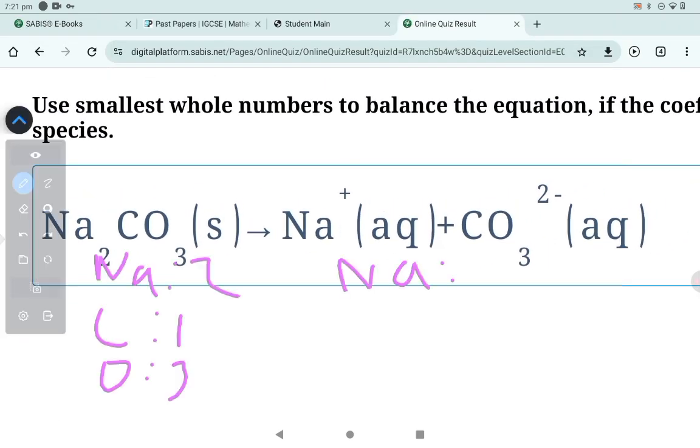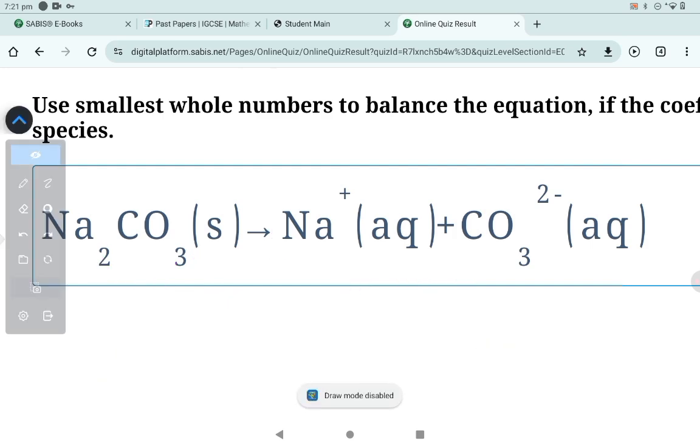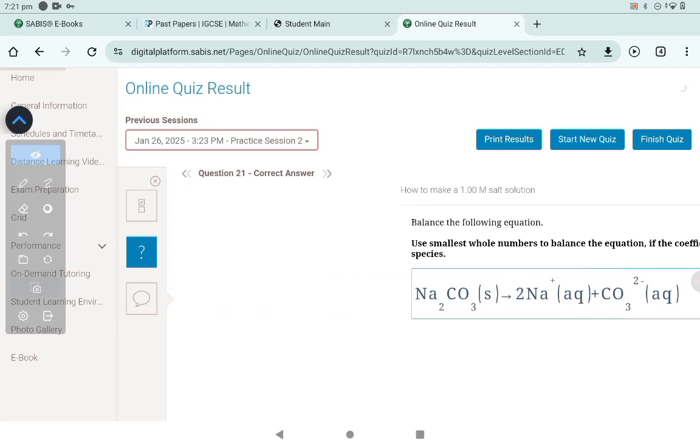Na here is going to be 1, ClO3. We just need to balance the Na, just 2. That's it. Nothing special.